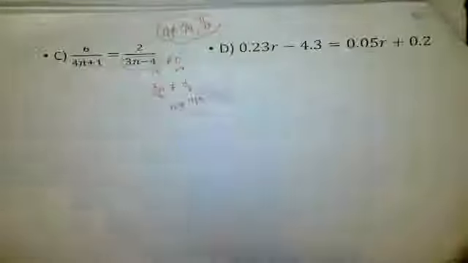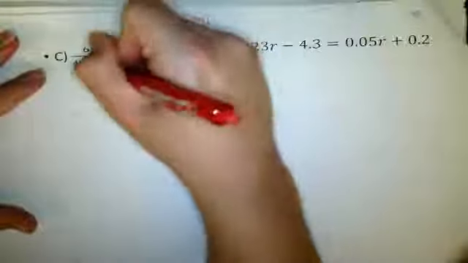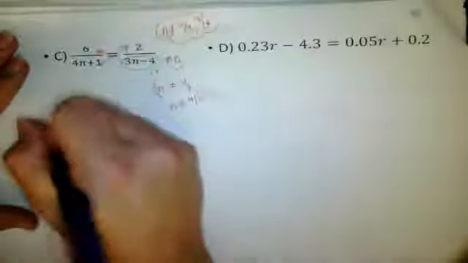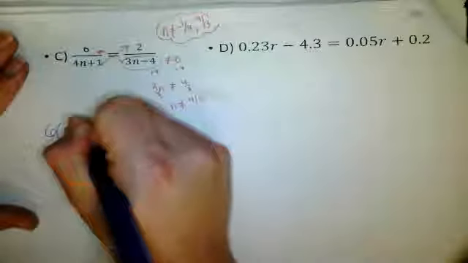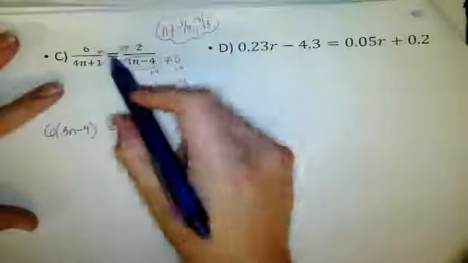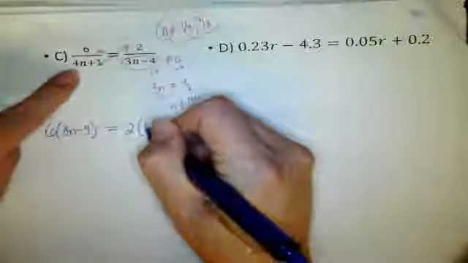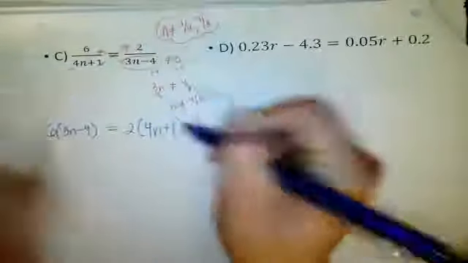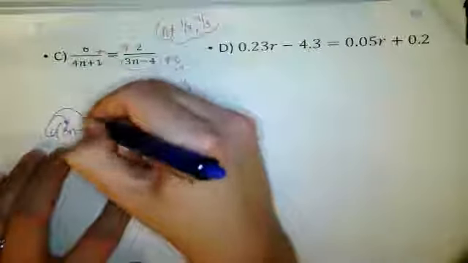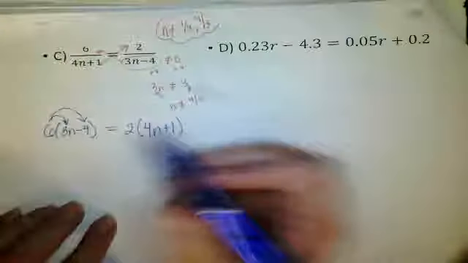But cross multiply is the easiest thing to do, which means we're going to take that 6 and multiply it by 3n minus 4, and that's going to be equivalent to 2 times our denominator 4n plus 1. And of course, if you distributed in your head, that's perfect.